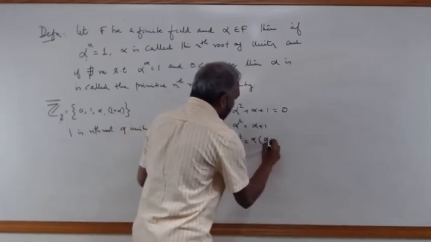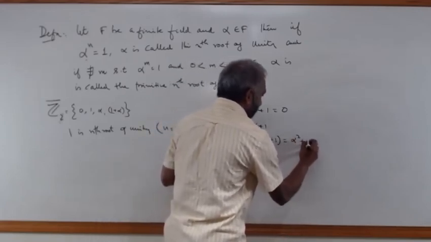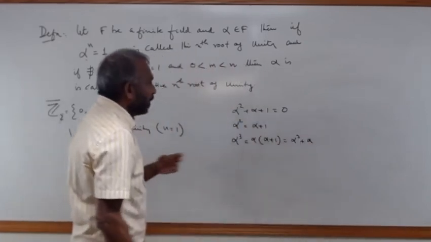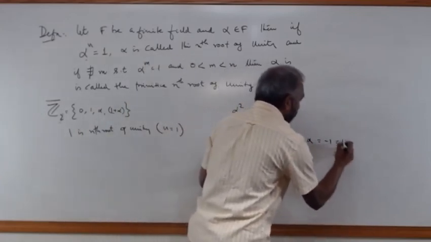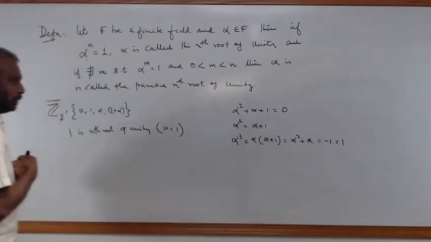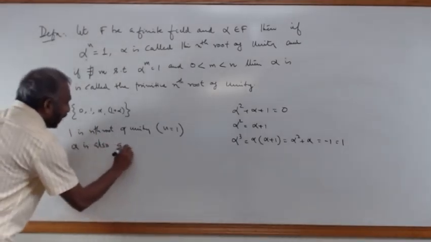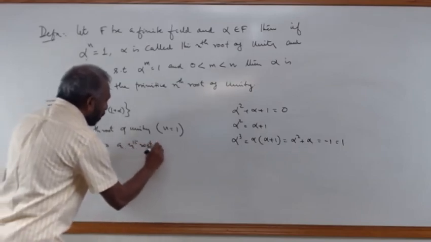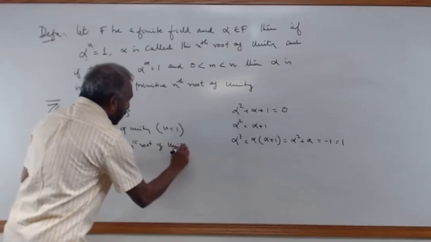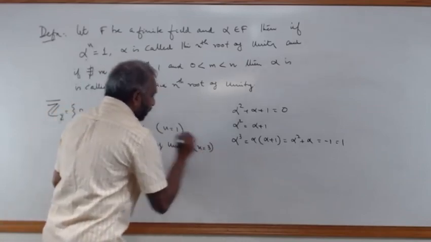Alpha times alpha plus 1, that is alpha square plus alpha, and that is equal to minus 1 because of this equation, and that is 1. So alpha is also an nth root of unity, n is equal to 3.